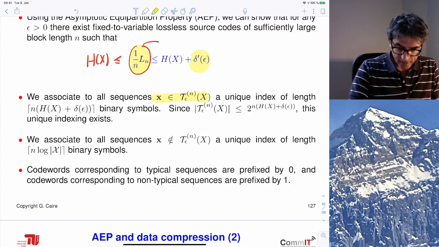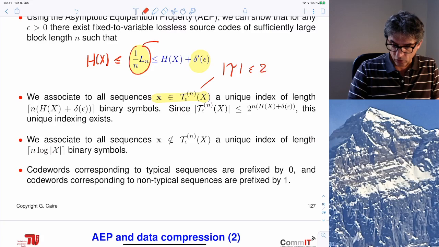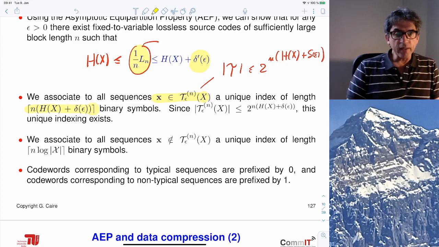Well, we know that the size of the typical set is upper bounded by 2 to the n times entropy plus some delta epsilon. So we need basically just the ceiling of the logarithm of this quantity. So we need this many bits to uniquely index all the typical sequences.